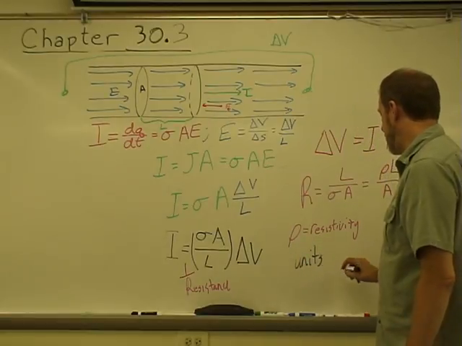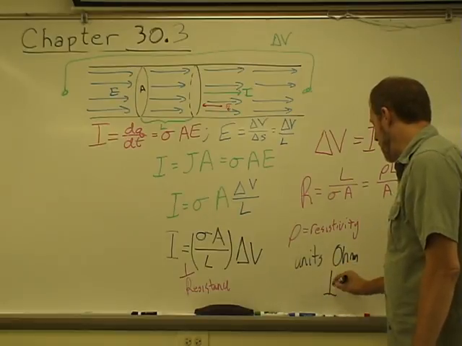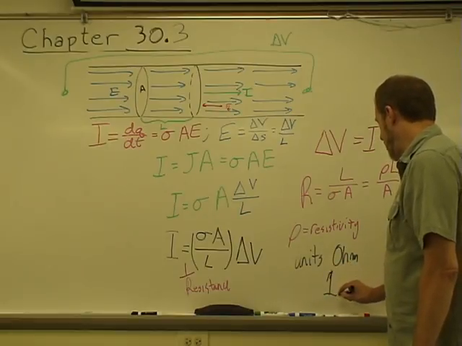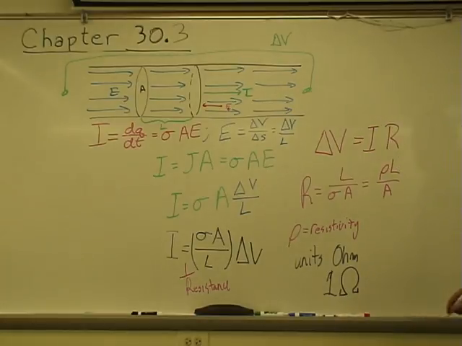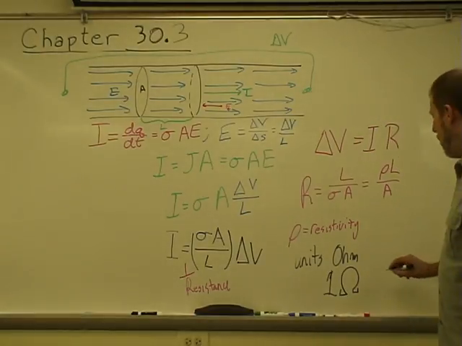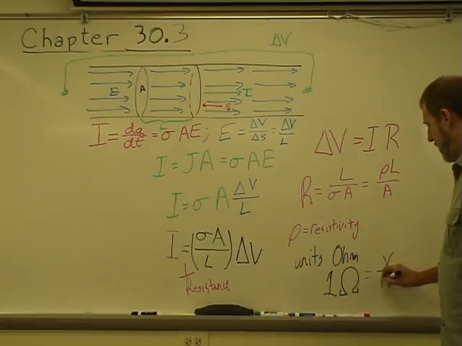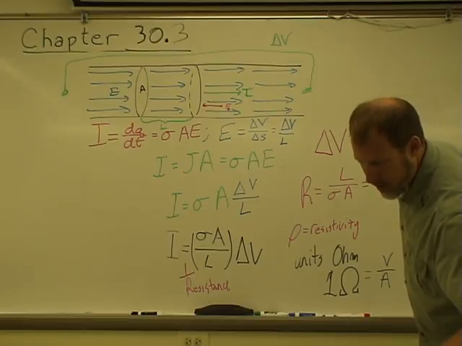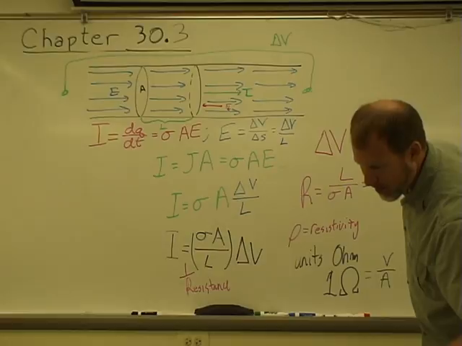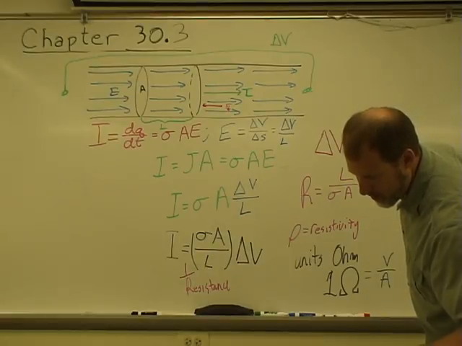And the units for resistance will be the ohm, which uses a capital omega, and the ohm is defined as volts per amp.